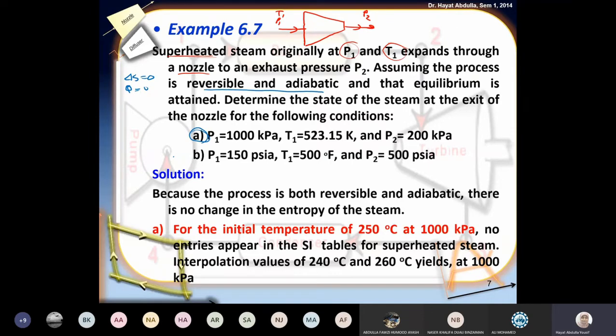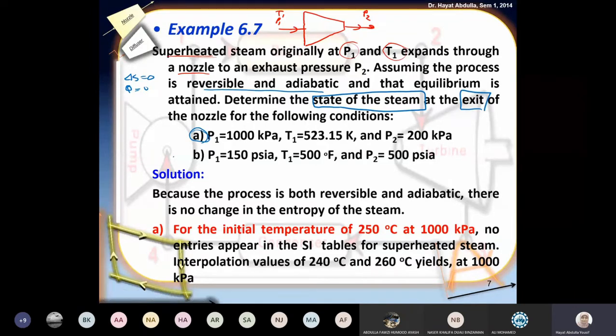To solve, first of all, we need to know what they need. They need from us, number 1, to determine the state of the steam at the exit. And because it's at the exit, as you all know, we need at least 2 properties to fully define the system according to Gibbs phase rule.